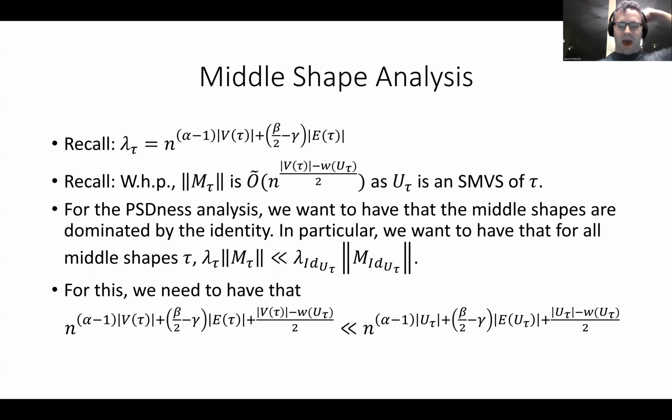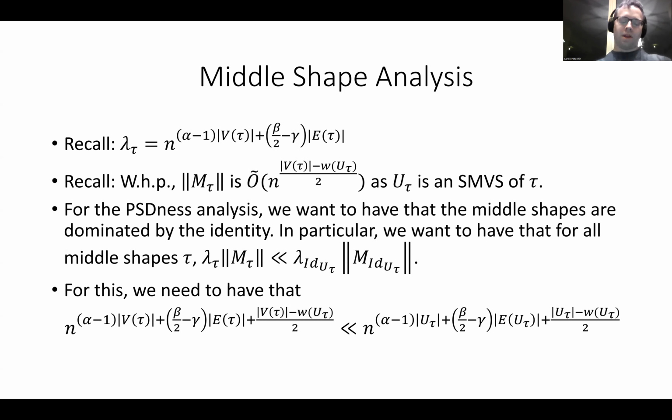So for this, we need to have that n to the alpha minus 1 times the number of vertices in tau plus beta over 2 minus gamma times the number of edges of tau. So this comes from the coefficient lambda tau for tau, plus v tau minus the weight of u tau over 2. This comes from the norm of m tau.